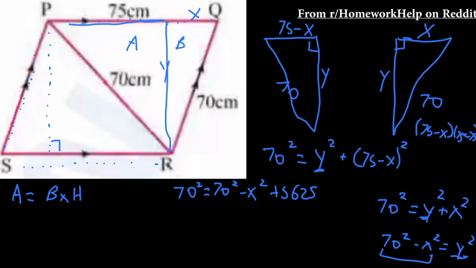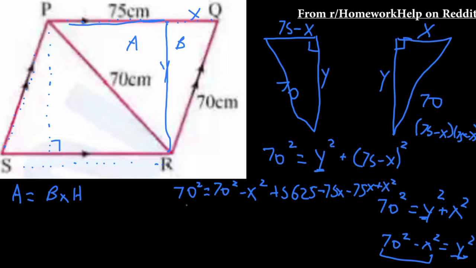Negative x times 75 gives us negative 75x. 75 times negative x gives us negative 75x. And negative x times negative x gives you positive x squared.